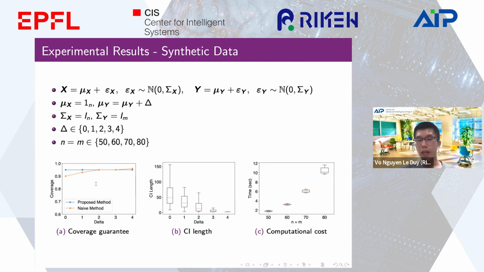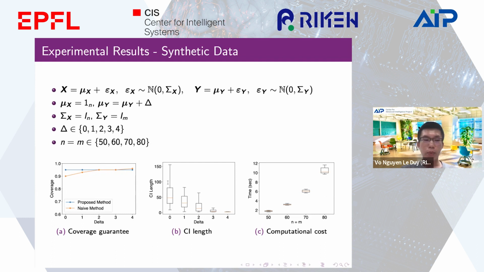The naive method cannot properly guarantee the coverage property because it is invalid, as it does not take the data selection bias into account. But in the proposed method, by doing conditioning, we can avoid the selection bias. Therefore, the proposed selective confidence interval can successfully guarantee the coverage property.